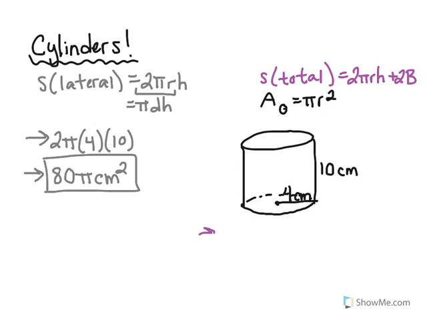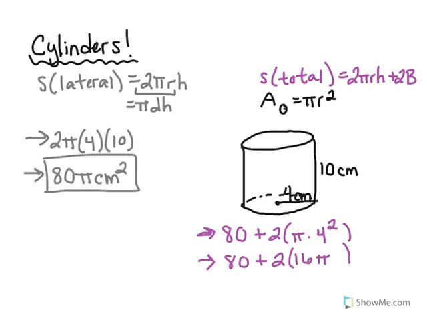So then now we're going to go through and find the total surface area. So I'm going to take that 80 and I'm going to add that to 2 times the area of the base. So the area of the base is pi times r, which is 4, and then squared. So now I have 80 plus 2 times, let's see, 4 squared is 16, so that's 16 pi.